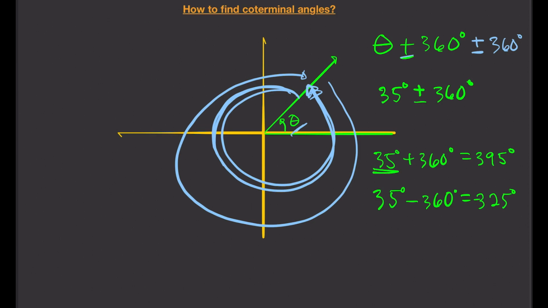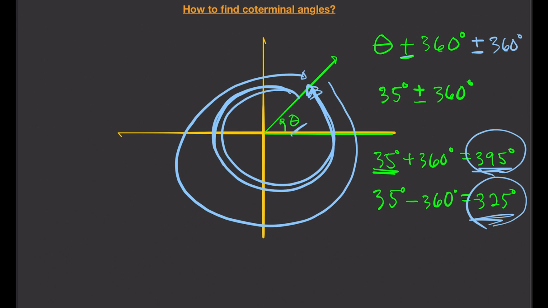So this angle is coterminal to this angle and also with that angle, which also means that this angle and this angle are also coterminal. That's how you find coterminal angles.